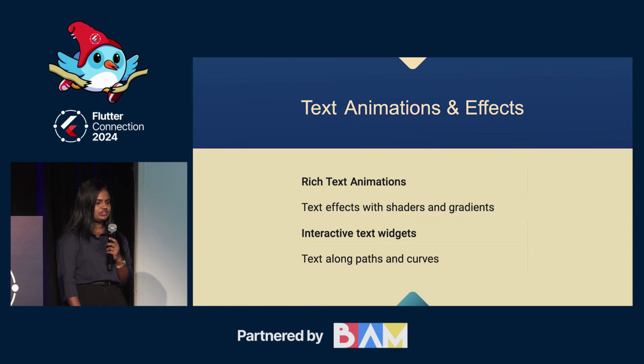Now, text animations and effects. We are familiar with rich text animations, which give text effects with shaders and gradients, and interactive text widgets like taking text along paths and curves.